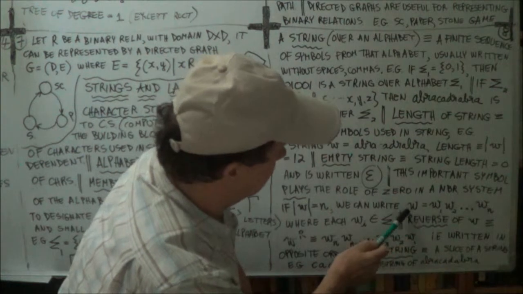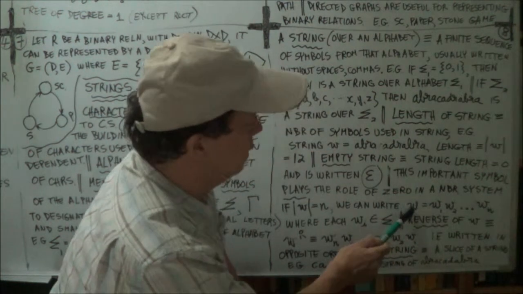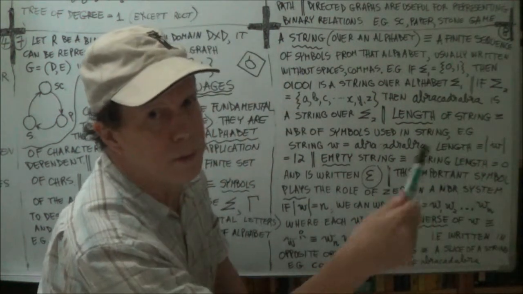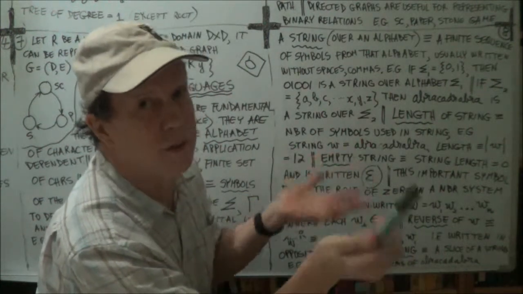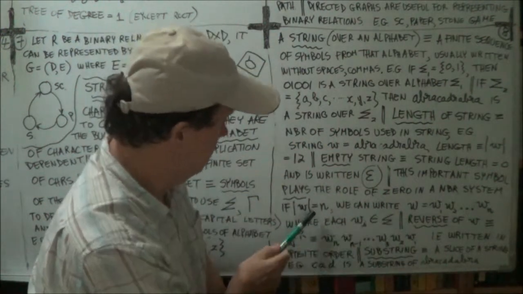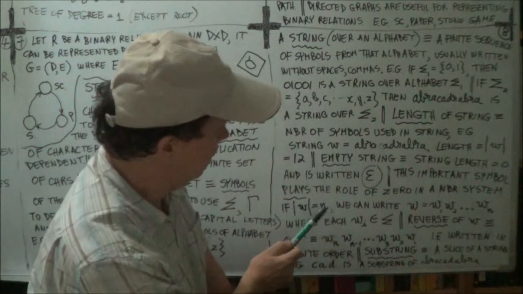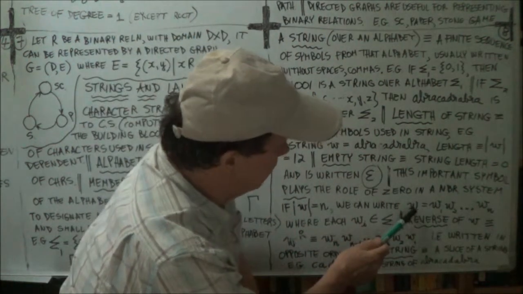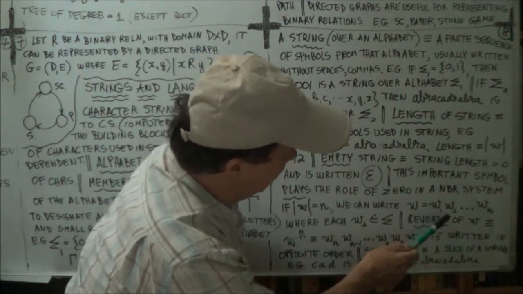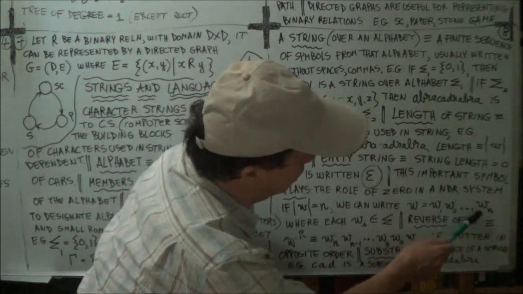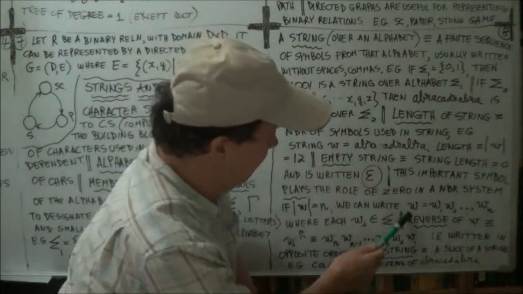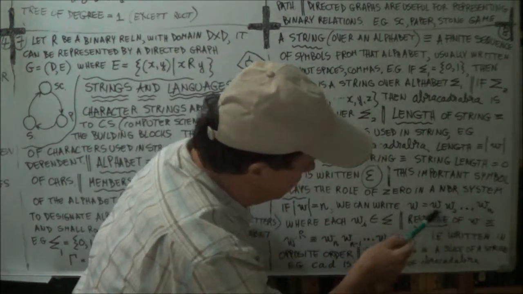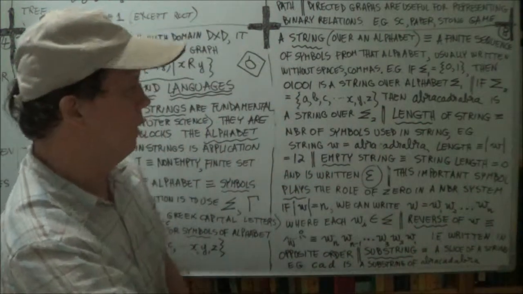Now the string is represented by this label W. Let's say W just stands for a string of some kind, and this string has length n, so it has n symbols in it. So you can rewrite this string in the following way: W1, W2, Wn. Okay. So that's your sequence of symbols.